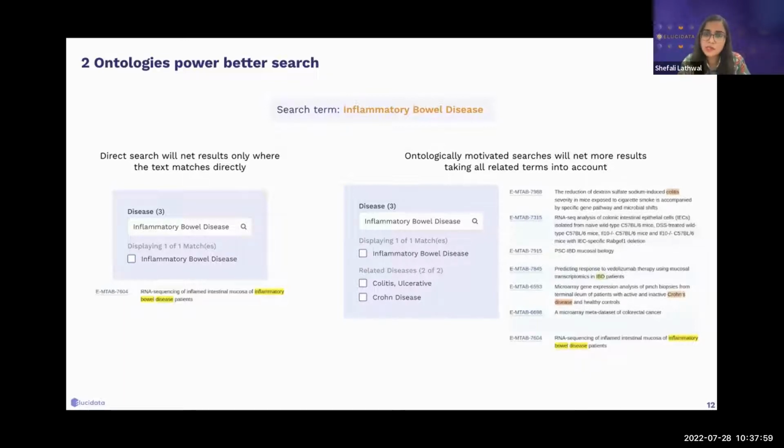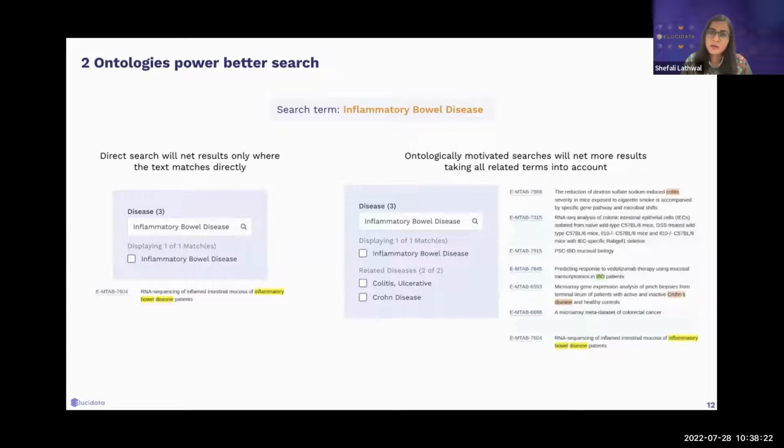And as we saw earlier, this will miss a lot of data because there are several different ways to refer to the same disease. Some data sets may contain the term inflammatory bowel disease. Others may only contain the abbreviation IBD, for example. And therefore, data sets that are not annotated with this exact term will not be part of search results.